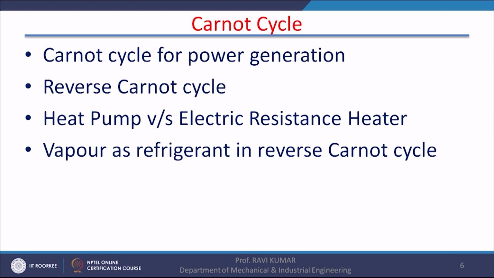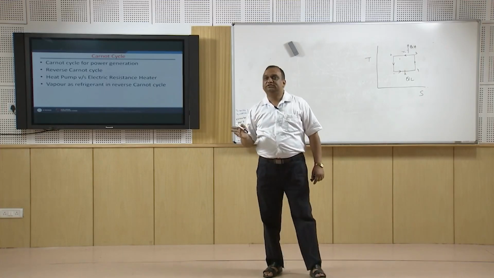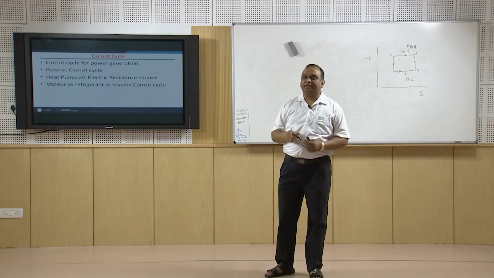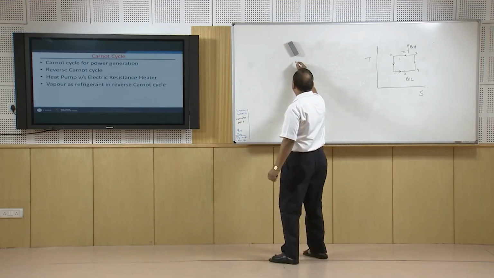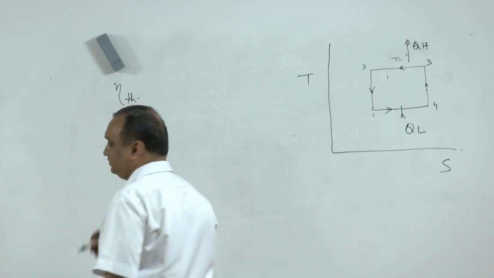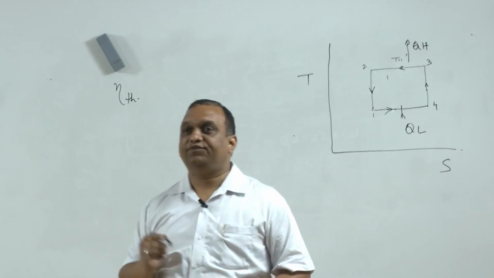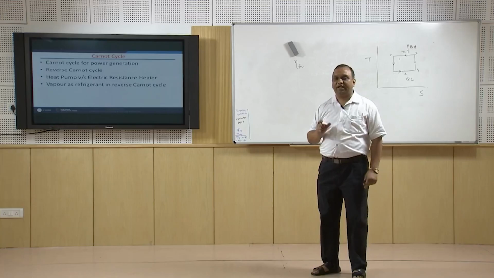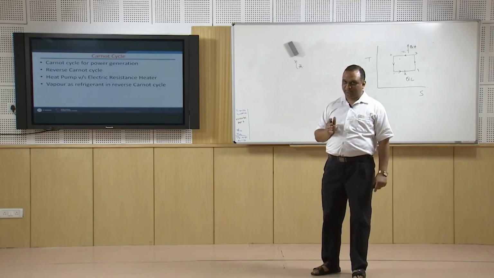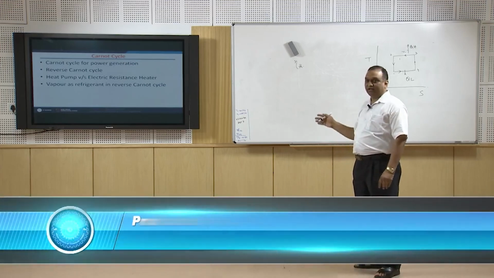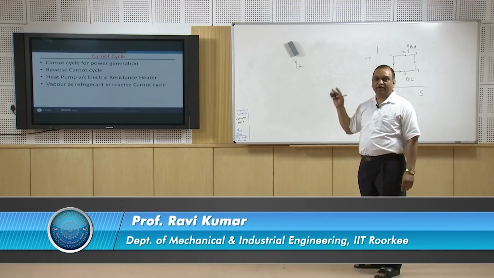Normally, in engines, the performance is expressed by thermal efficiency. Now, the efficiency of any instrument or any equipment is very important, whether it is a refrigeration cycle, refrigerator, compressor or an engine.